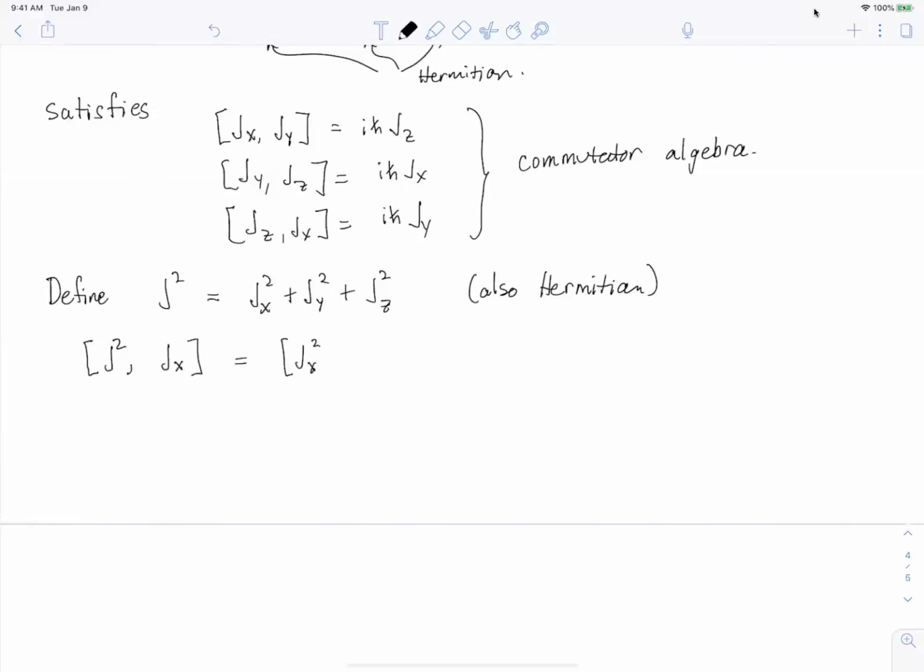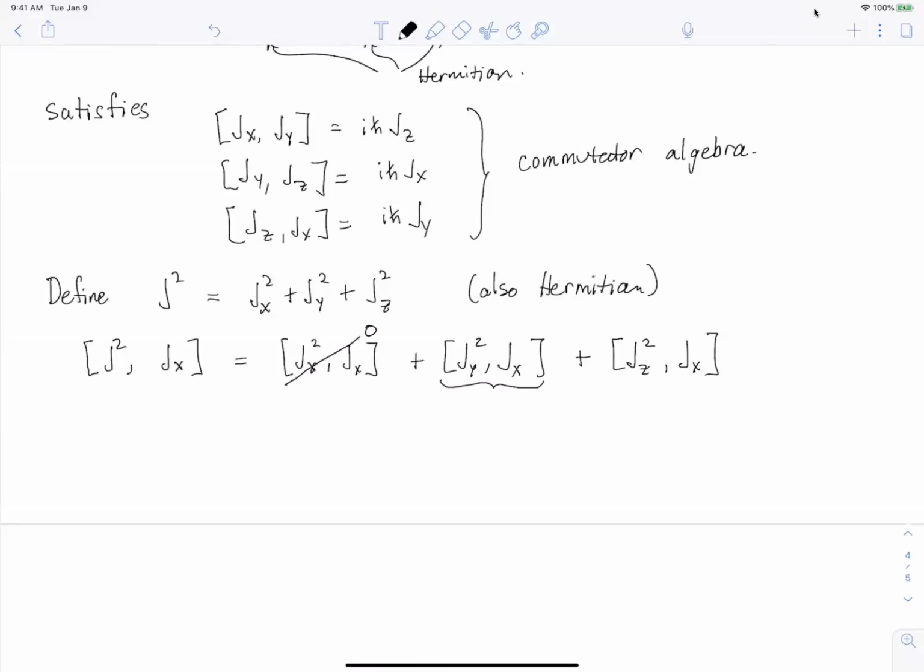There's the part Jx squared with Jx, and the part Jy squared with Jx, and the part Jz squared with Jx. Okay, now the first term is clearly zero because anything commutes with itself. There's only one operator here, so it can just be a number for all we care. So let's work on the second term.